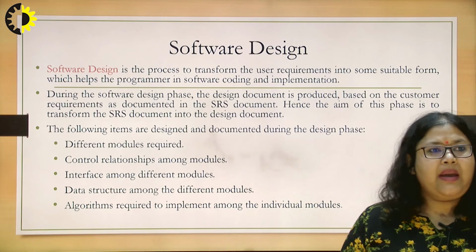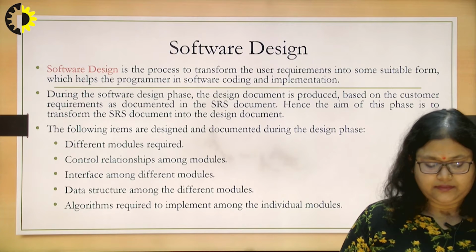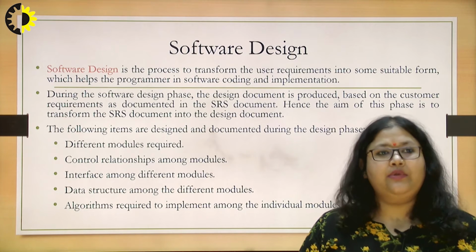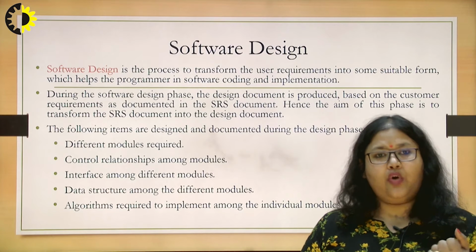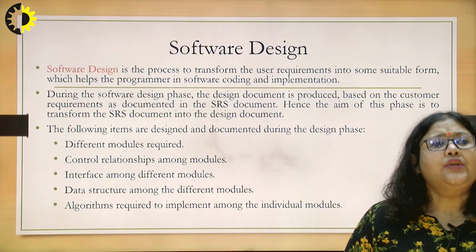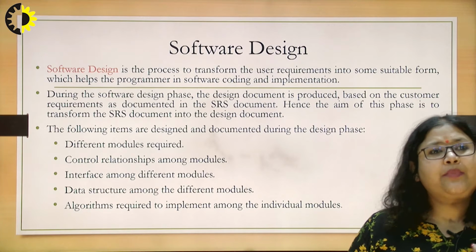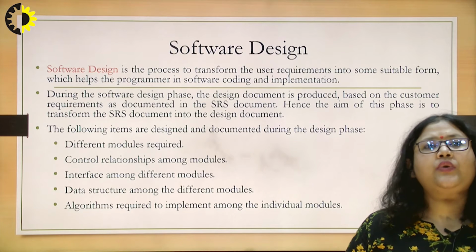Now, the main definition of the software design and what type of items we have to use for the document design phase. Software design is a process to transform the user requirements into a suitable form.